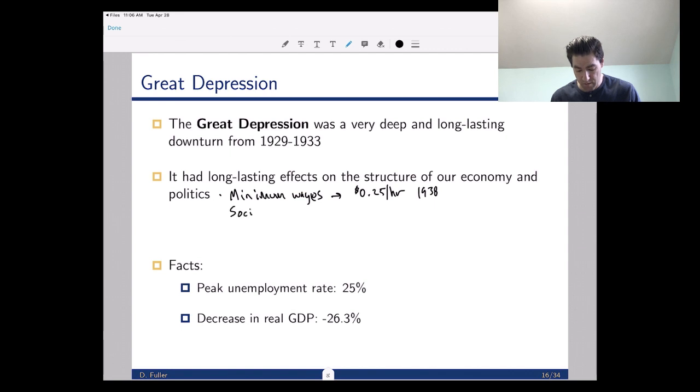Social Security, which is, for the most part, benefits paid to retirees, also came out of the Great Depression. So much of our social safety net, as defined by Social Security, came from the Great Depression. It's also unemployment insurance benefits.